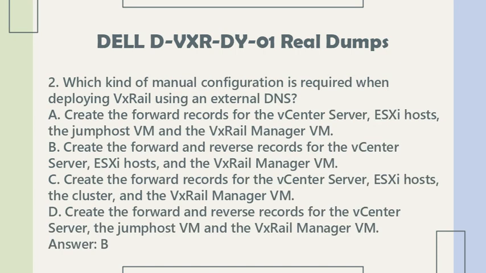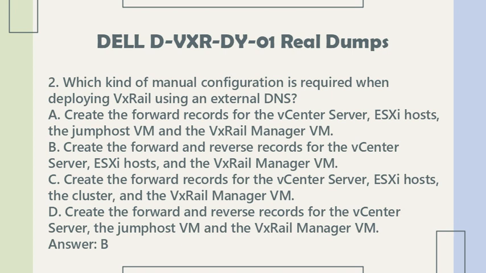2. Which kind of manual configuration is required when deploying VxRail using an external DNS? A. Create the forward records for the vCenter server, SC hosts, the jump host VM and the VxRail Manager VM. B. Create the forward and reverse records for the vCenter server, SC hosts, and the VxRail Manager VM.